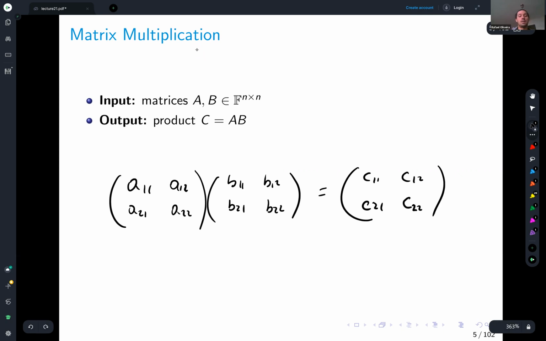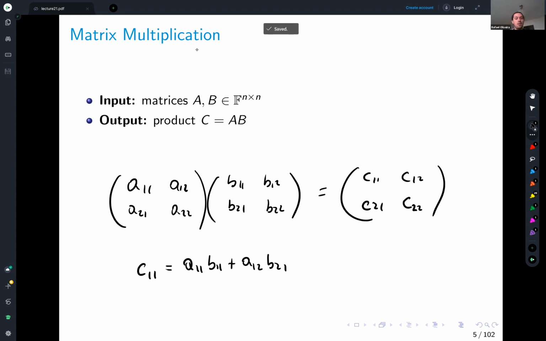And what is this matrix? Well, this matrix is the product of those two. So for example, we would have that C11 is equal to A11 B11 plus A12 B21, and so on. This is the usual way that you know how to compute the product of matrices.